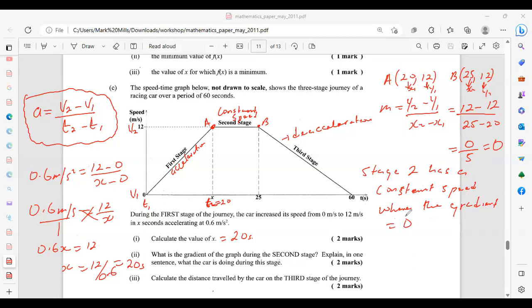Once there is a constant speed, the gradient is equal to 0, or acceleration is equal to 0, the same thing. So once you have a constant speed, acceleration is always going to be 0, or the gradient is always going to be 0.